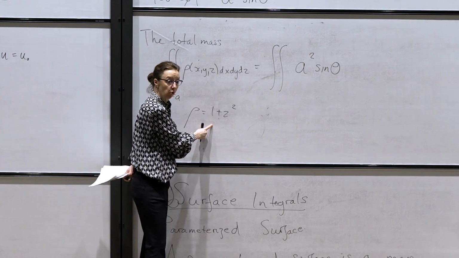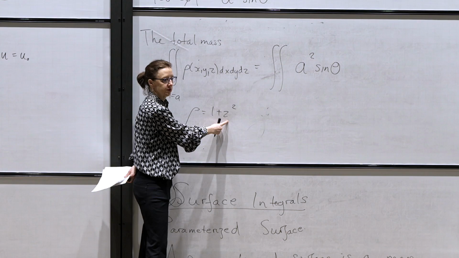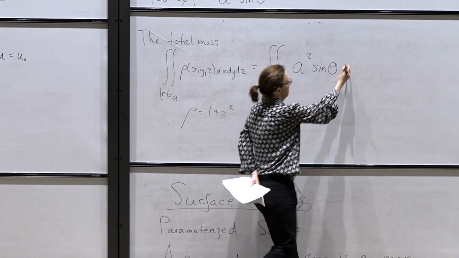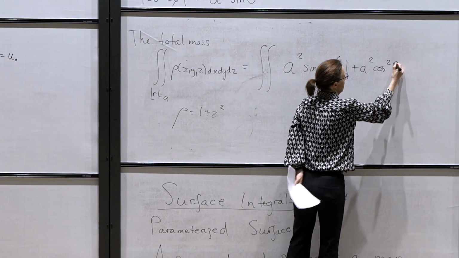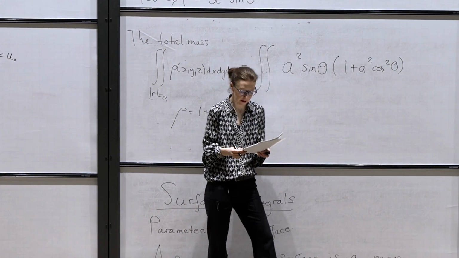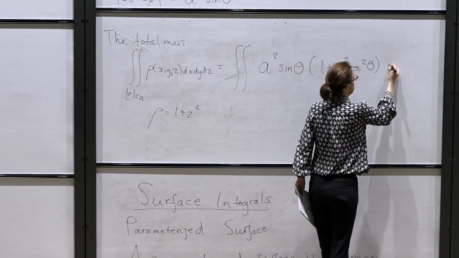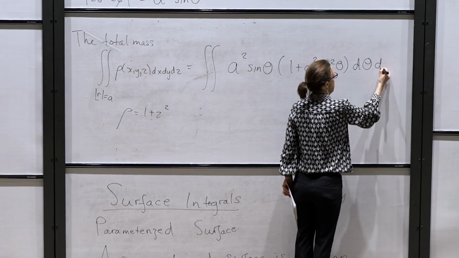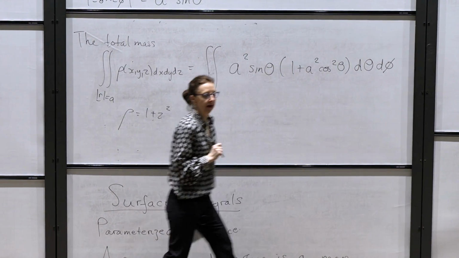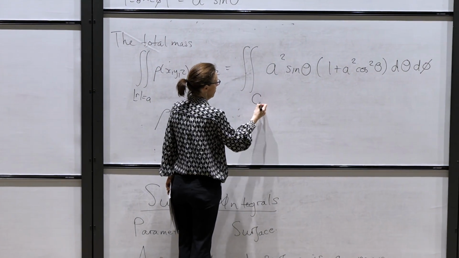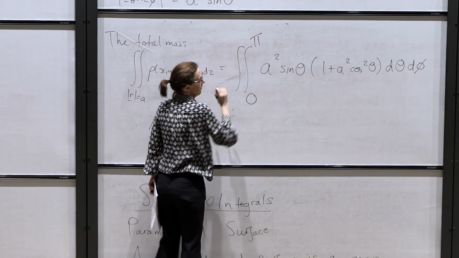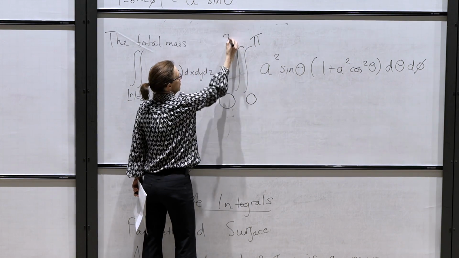So this just becomes 1 plus a squared cos squared theta. And then I integrate over the parameterized coordinates, which is d theta, d phi. And then I have to make sure I've got the limits right. So we've already talked about this, that theta goes between 0 and pi, and phi goes between 0 and 2 pi.